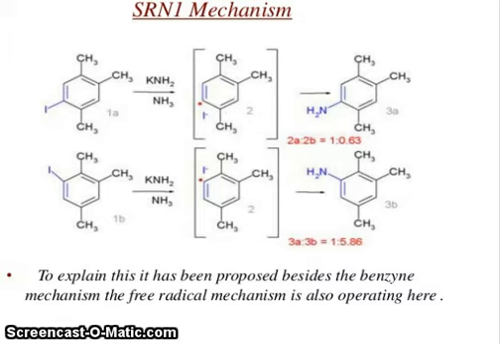SRN1 mechanism. You can see the iodine, you can see the formation of a radical here and attachment of NH2, and again the position change of iodine and forming NH2. To explain this, it has been proposed that besides the benzyne mechanism, a free radical mechanism is also operating here.